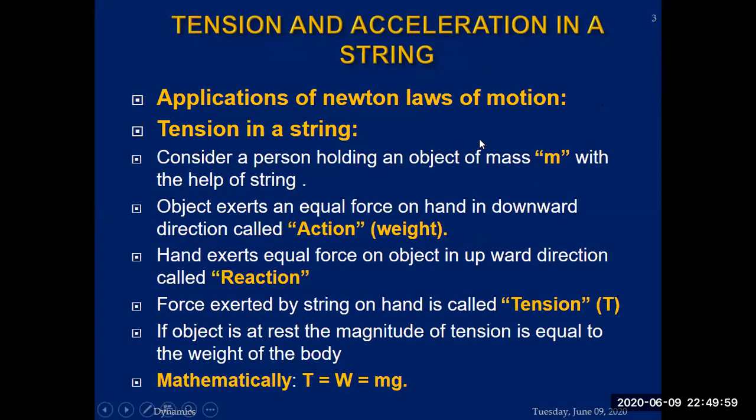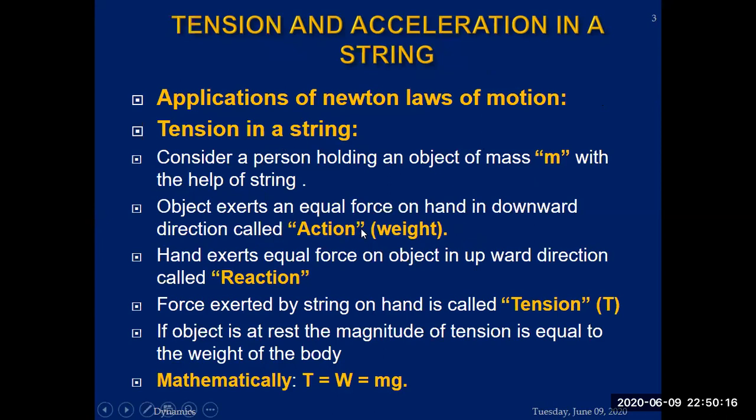Tension and acceleration in a string. You are asked to calculate tension and acceleration in a string. Applications of Newton's law, tension in a string. Consider a person holding an object of mass m with the help of a string. The object exerts an equal force on the hand in downward direction.